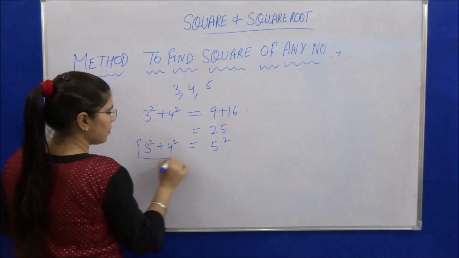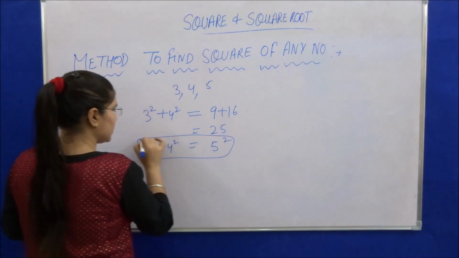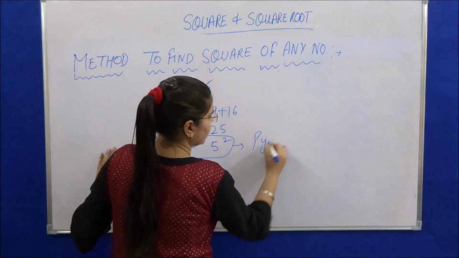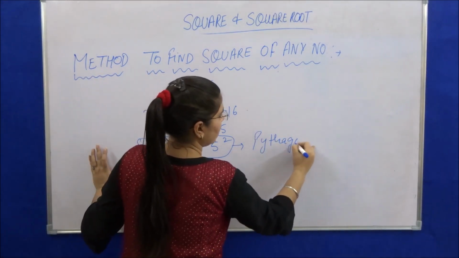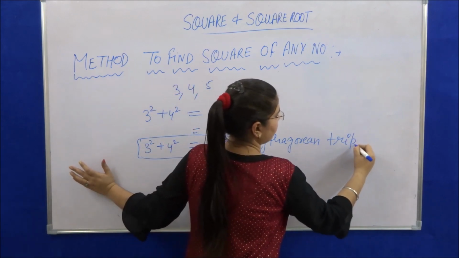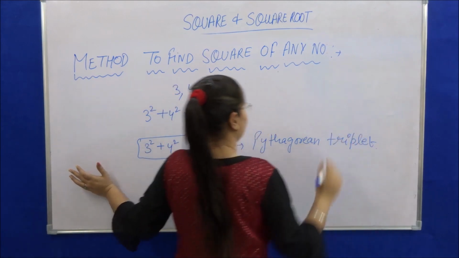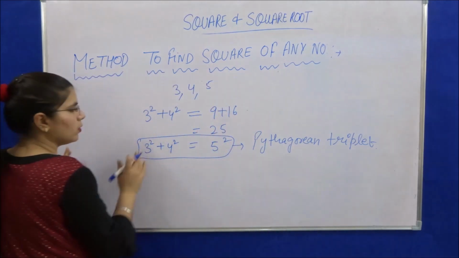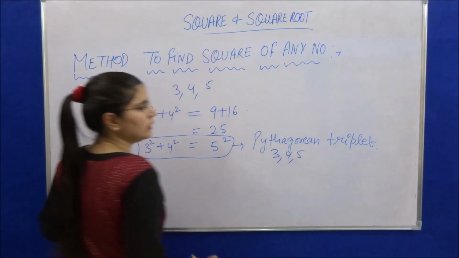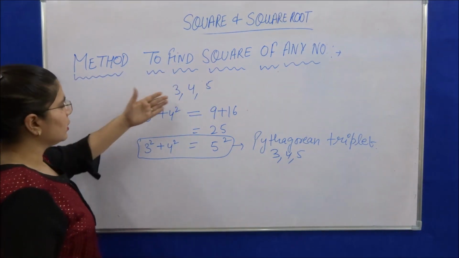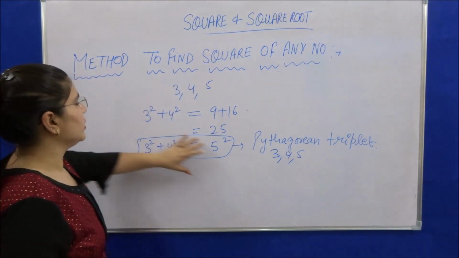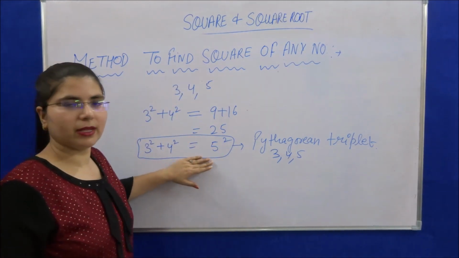When numbers are expressed like this, it is called a Pythagorean triplet. Here 3, 4 and 5 are the Pythagorean triplet. These numbers are so simple that we can calculate them easily.